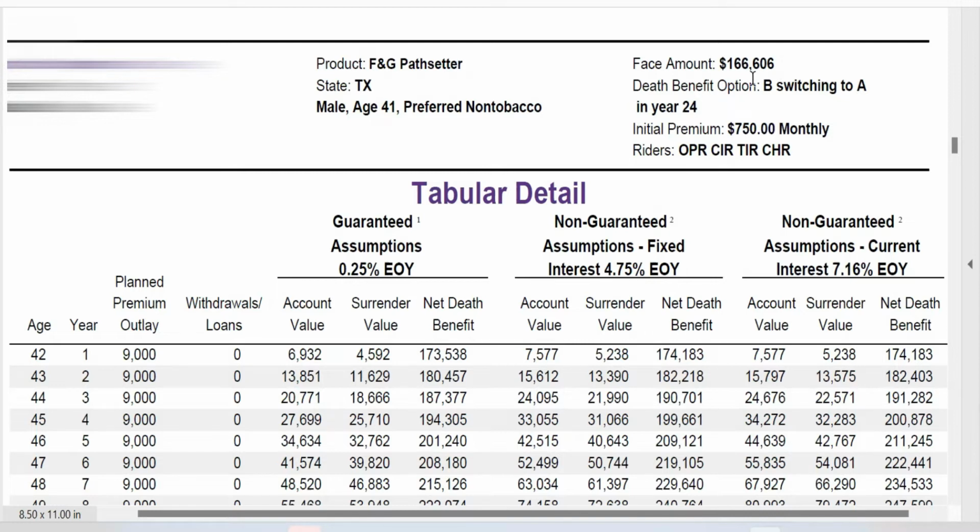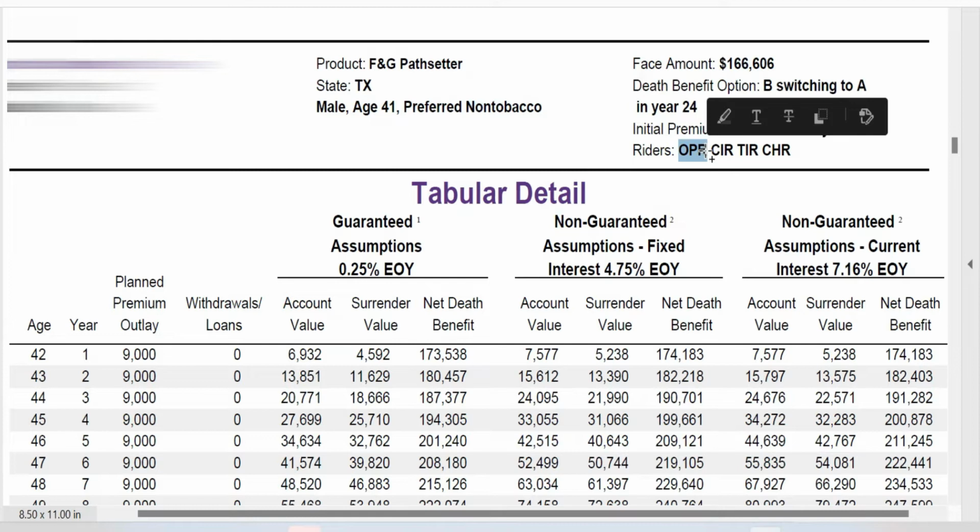So right here, he's 41 years old and male, and we'll put him on preferred non-tobacco, which is the highest rating, where he's very healthy. He puts in $750 every month, and he has overloan protection. What does that mean? It means he can take a loan from this policy.